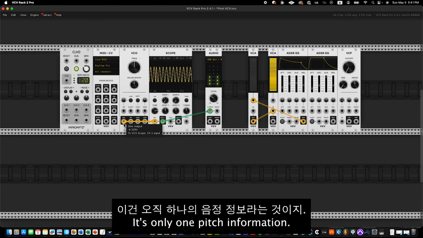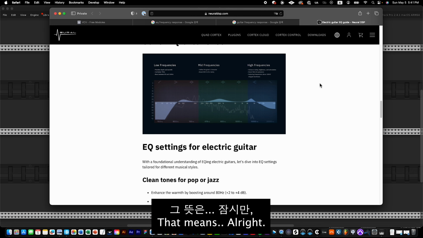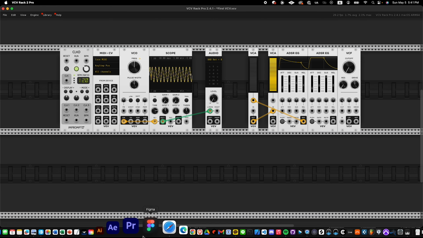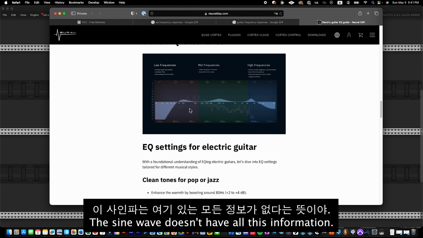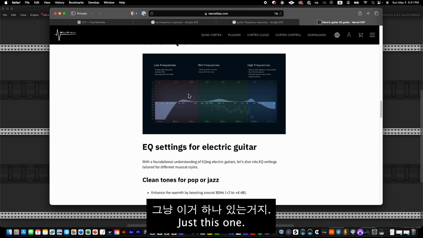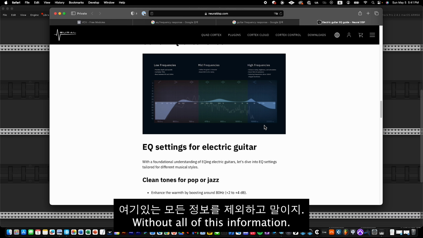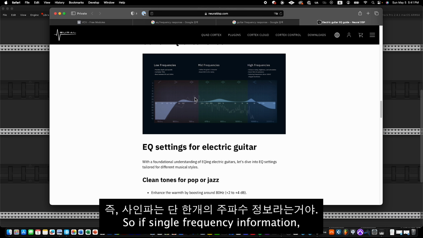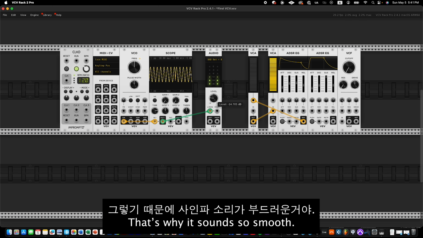It's only one pitch information. It doesn't have all this information, just this one. So it's a single frequency, and that's why it sounds so smooth.